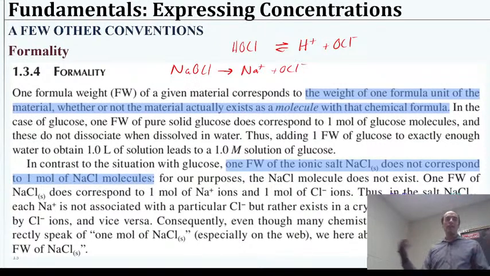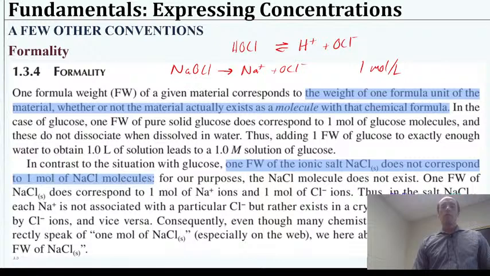So instead of saying, oh, we have 1 mole of NaOCl per liter, that is just technically not correct because that doesn't exist in solution. So the whole point of this is just that this is one formula weight of NaOCl.